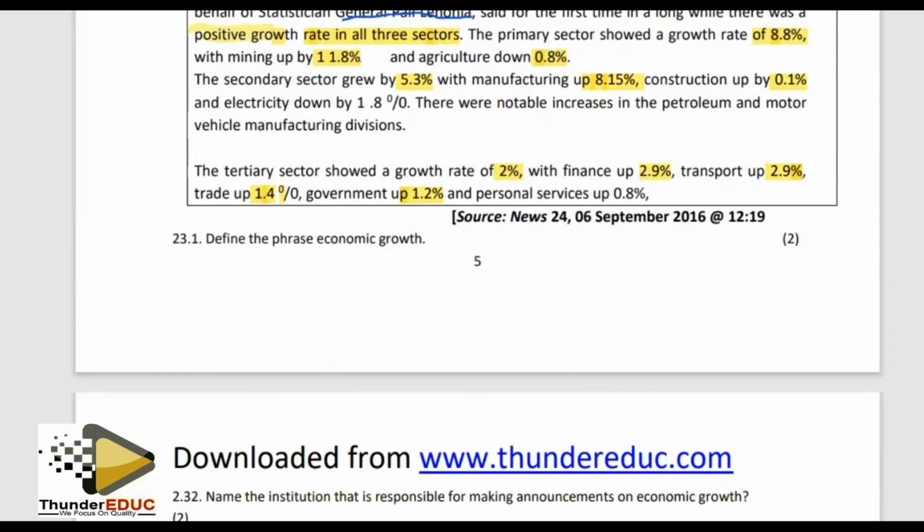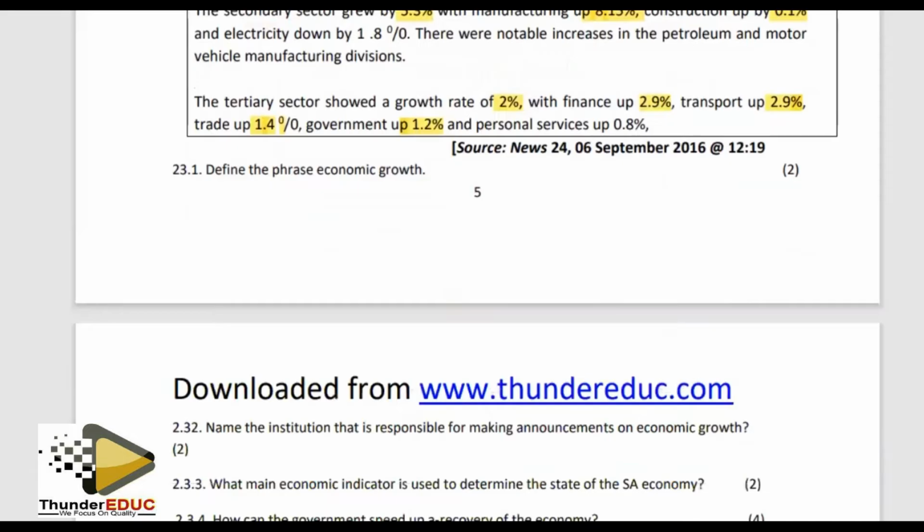Look at this question here. Define the phrase economic growth. Oh, they are taking us to the definition of economic growth.